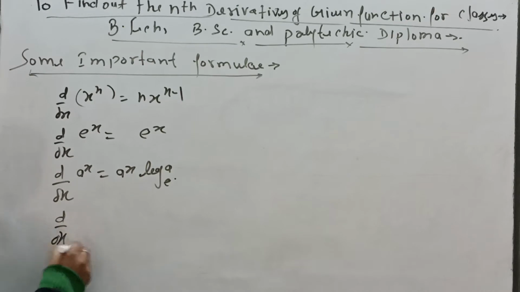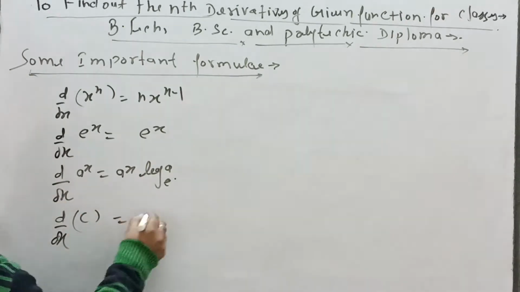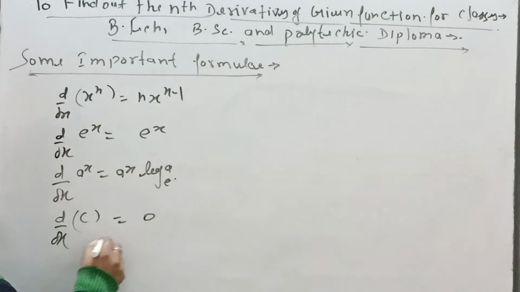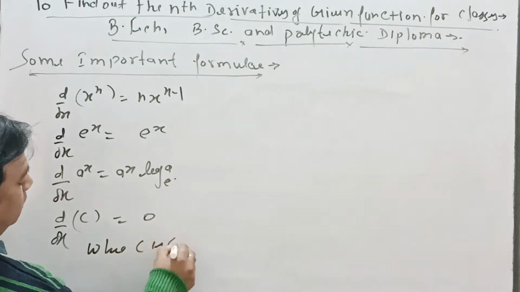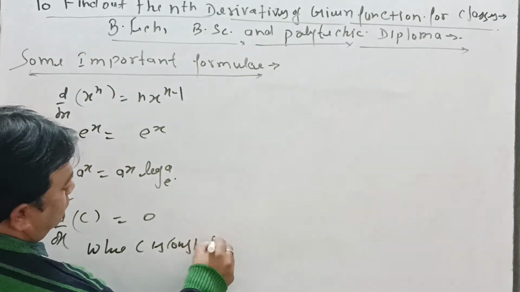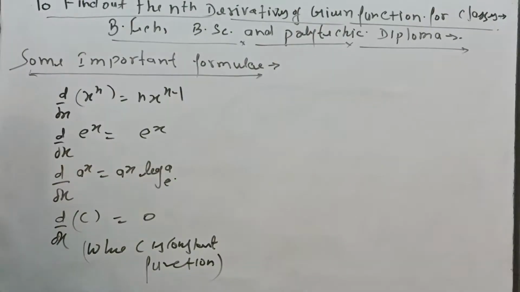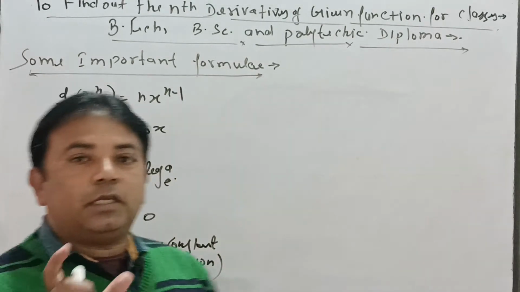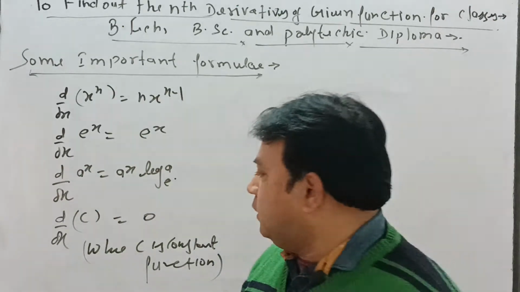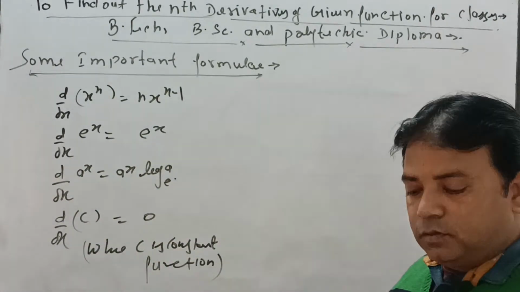And d over dx of c, where c is a constant function, equals 0.